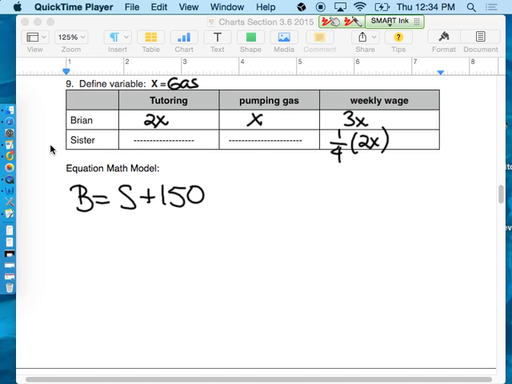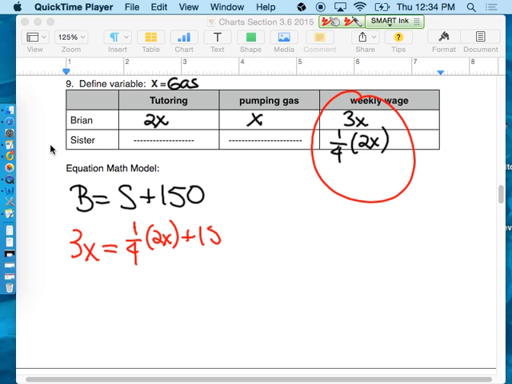And then I look at my last column and I make substitutions into my model equation. Brian gets replaced with 3x, sister gets replaced with 1/4 times 2x, and then the plus 150 just gets copied down. 1/4 times 2x is really just 1/2 x. And since I know that I'm going to be in a world of halves, I'm going to go ahead and say 6/2 x equals 1/2 x plus 150.